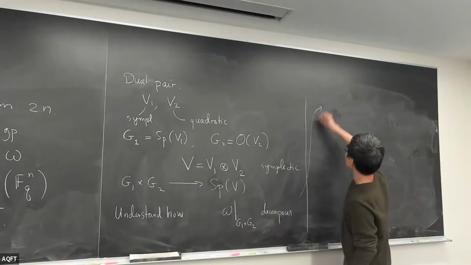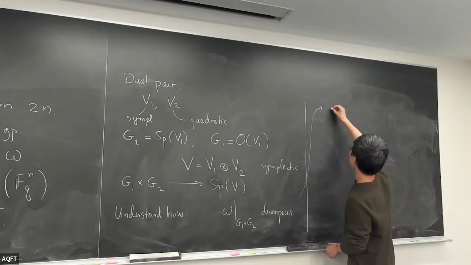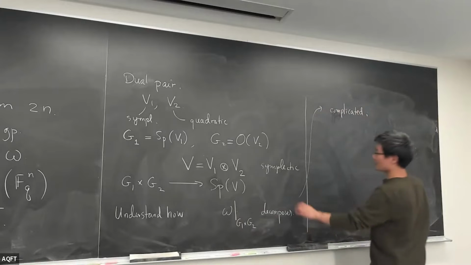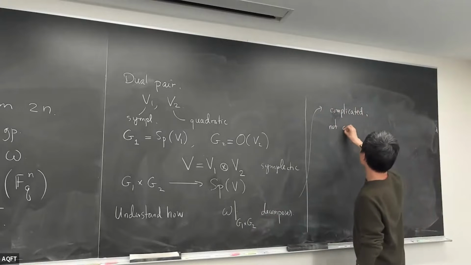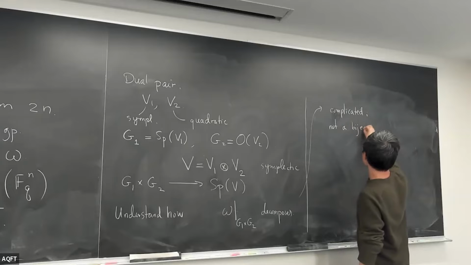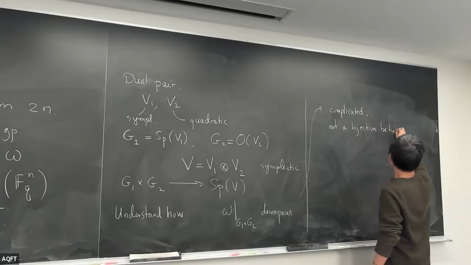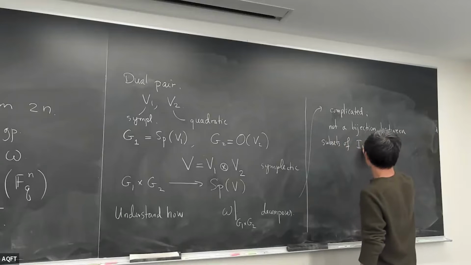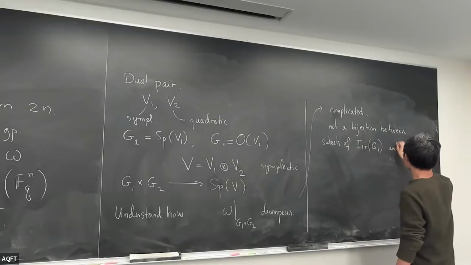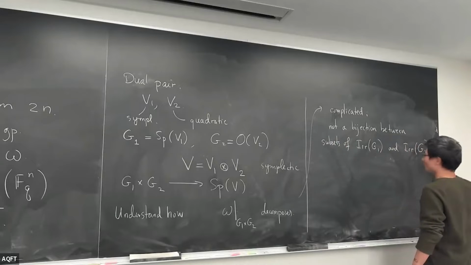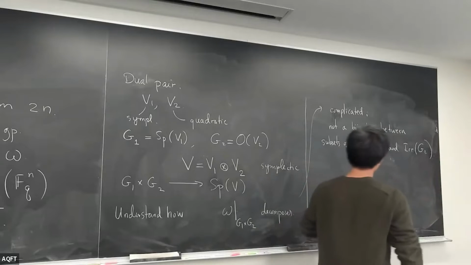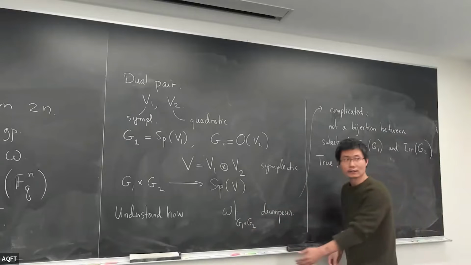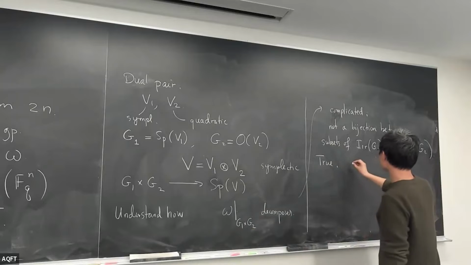How it decomposes is complicated, in the sense that in general it's not a bijection between subsets of irreducible representations of G1 and irreducible representations of G2. What is true, though, is that the restriction has the multiplicity one property.